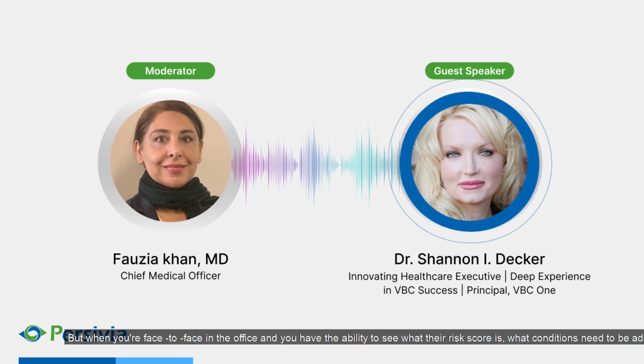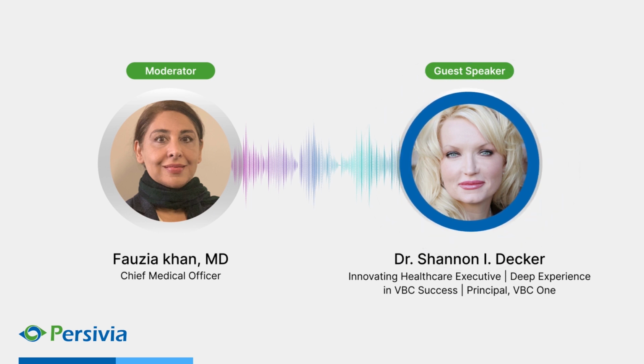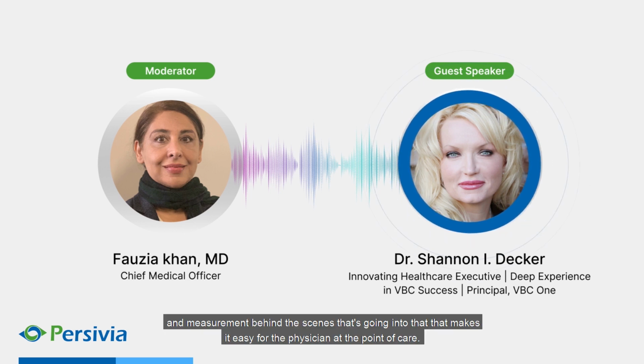But when you're face to face in the office and you have the ability to see what their risk score is, what conditions need to be addressed, what quality measures are needed, right? What preventative measures need to be addressed, as well as their social determinants of health, right? What they might be at risk for. And there's lots of working and algorithms and measurement behind the scenes that makes it easy for the physician at the point of care.